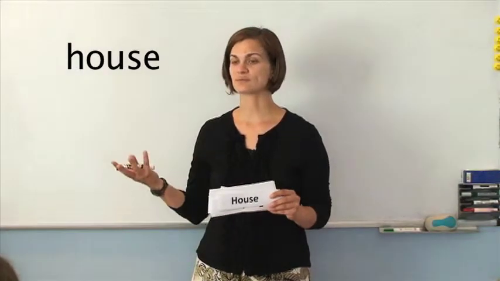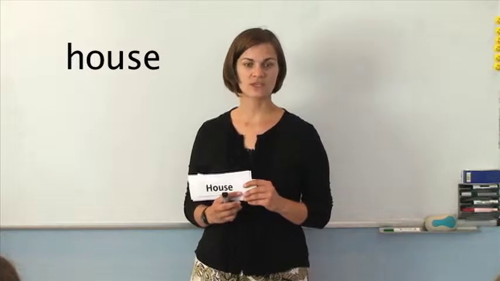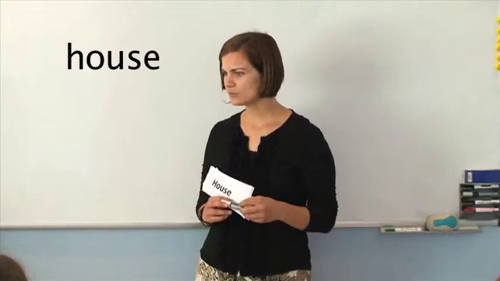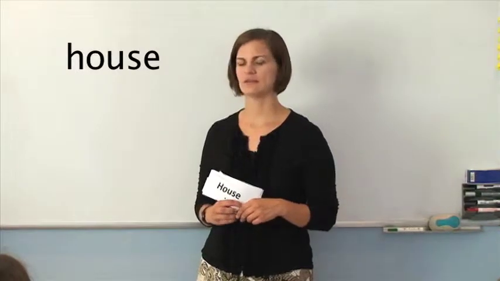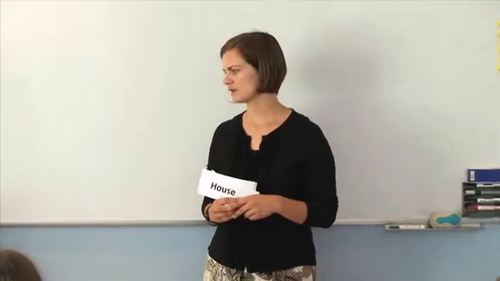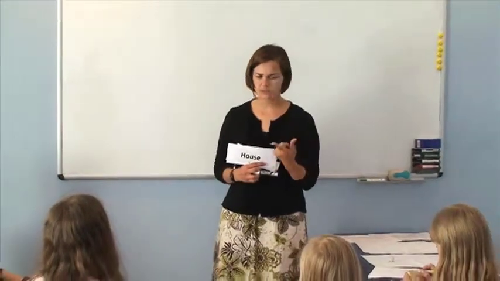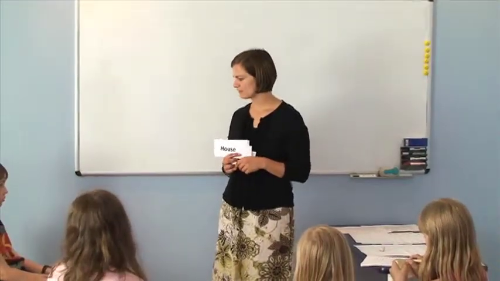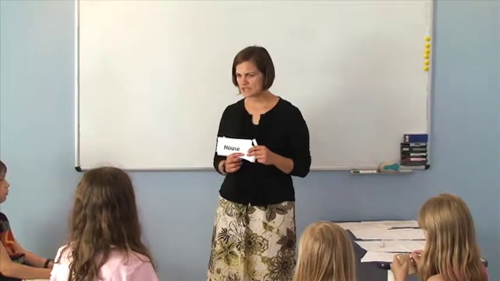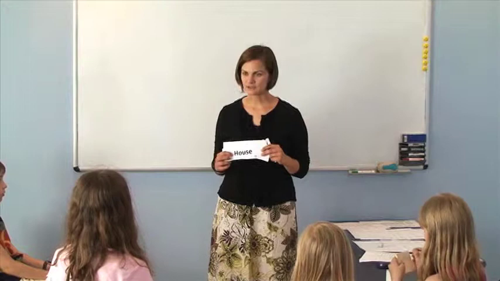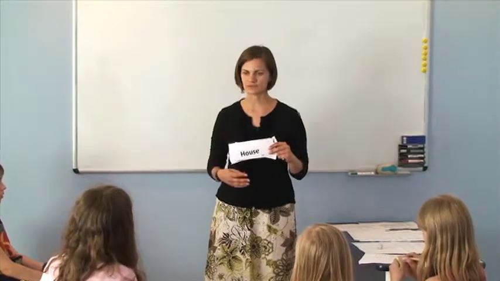3 houses. Right. Remember, with count nouns, we can add an S to show plural. With non-count nouns, we don't add an S, like snow, right? We just leave it. And also, one thing we've just been doing, to take it a little bit further: when it's a count noun, I say there are many houses, or there are 3 houses.